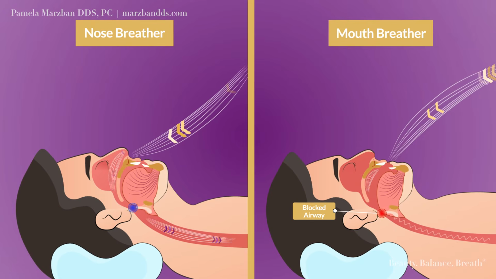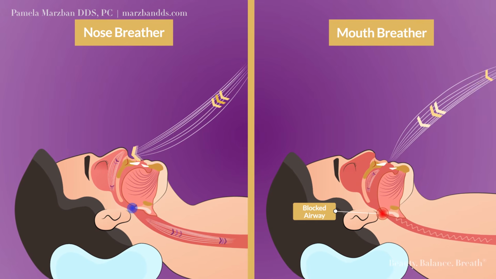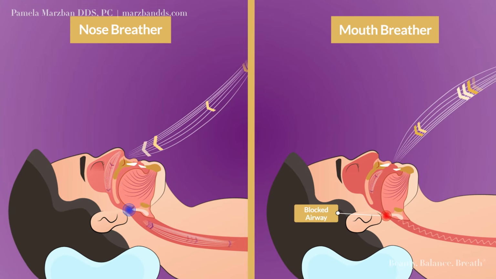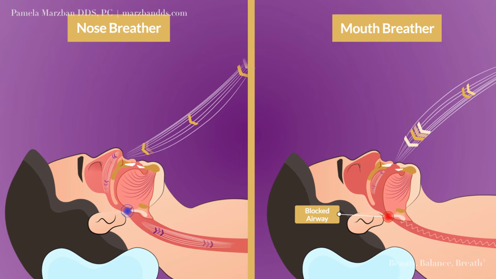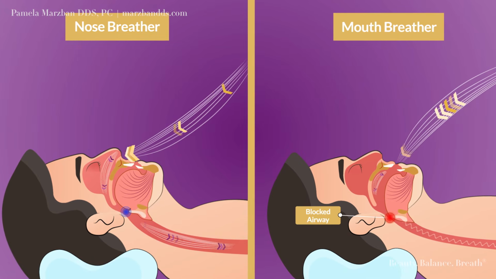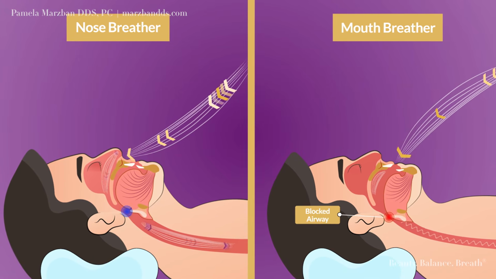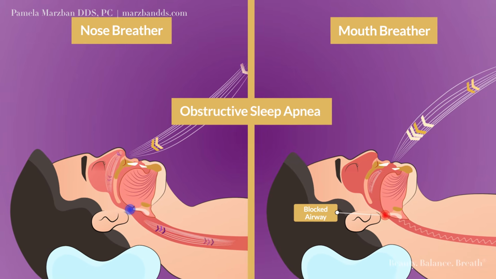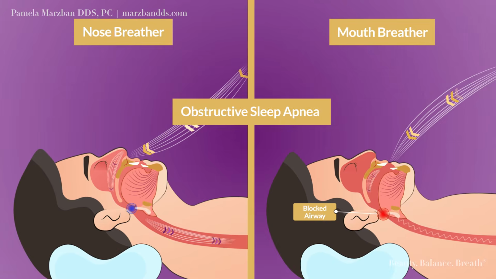With underdeveloped jaws, the palate is too small for the fully grown tongue, which is sitting back to begin with. During sleep, the tongue does not suction. Rather, it falls back and cuts off the airway. This is obstructive sleep apnea, and like crooked teeth, it's a modern condition.